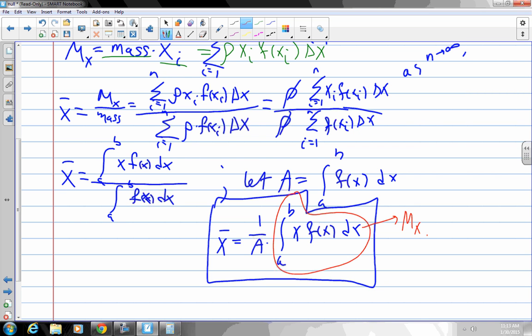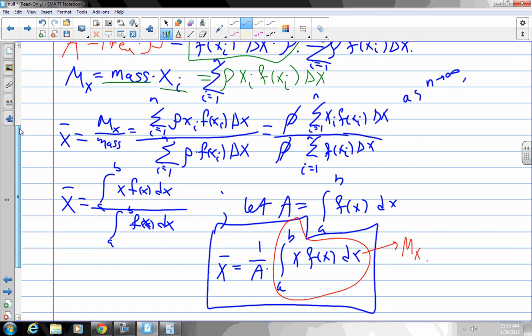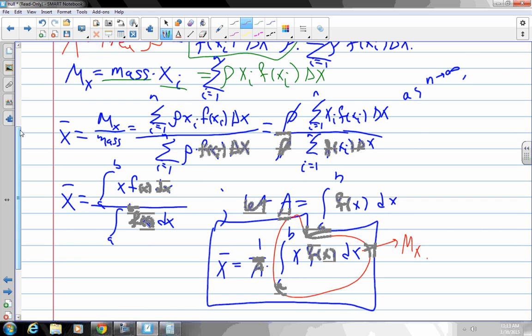Okay, let's do the y bar. For the y bar, this is actually going to be a little easier. Let's pretend this is that strip. I'm trying to find its center of mass in a vertical position.